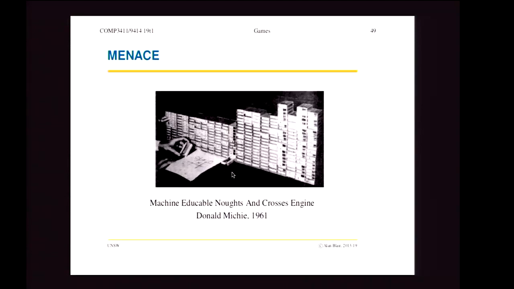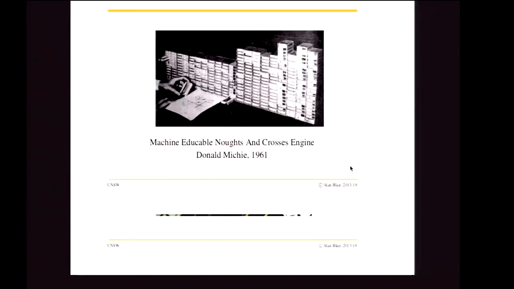But Donald Michie took that up and worked in the same direction, and he came up with this algorithm that's very simple to understand that became a basis for later reinforcement learning algorithms. And he made this noughts and crosses playing engine, which is not an electronic computer, but consists of matchboxes and beads.